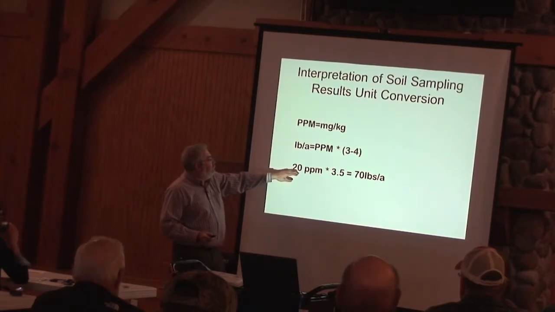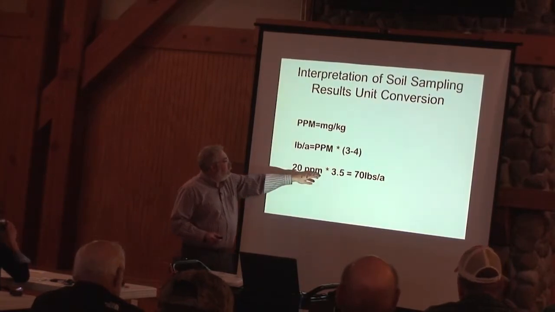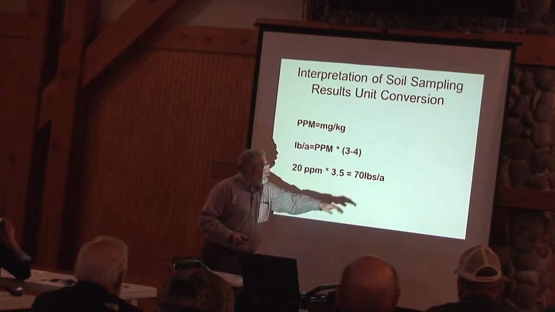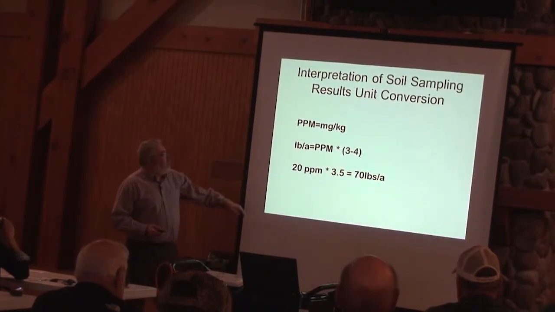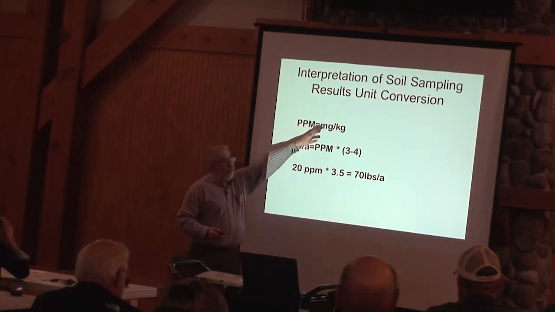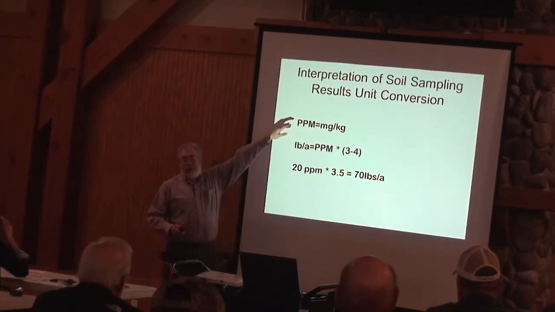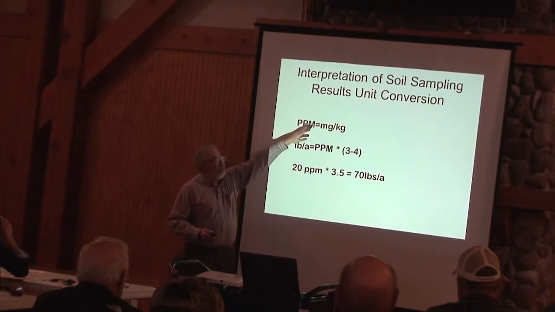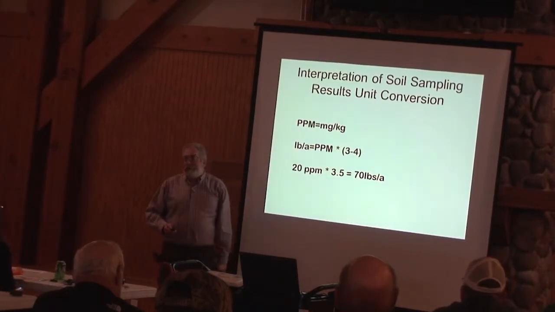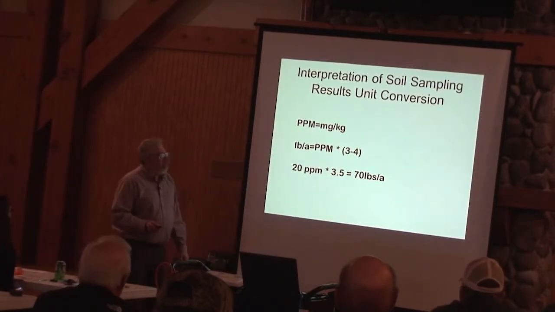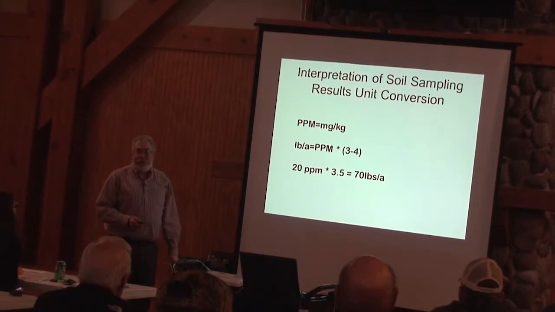Like here we have a 20 part per million number, that's 3.5, gives you 70 pounds of N per acre. Usually for this we look at parts per million or milligrams per kilogram. And my recommendation, if these are the numbers you want, request this of your lab. That's what you want the units in, and they should provide it to you, because let them do the work. You're giving them money for the analysis anyhow.